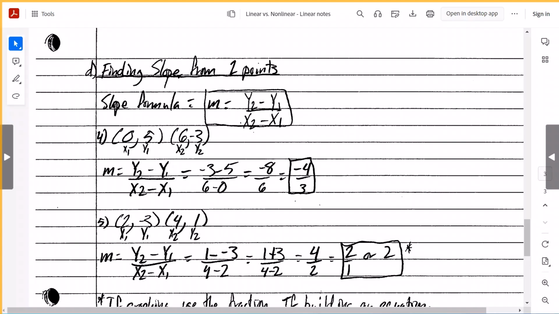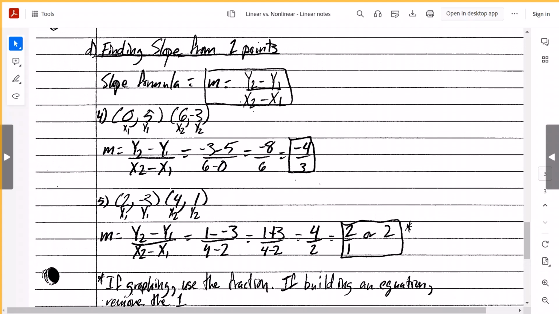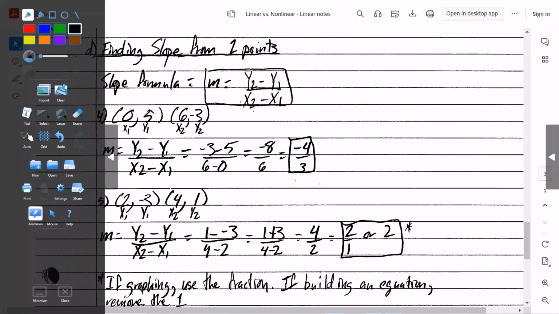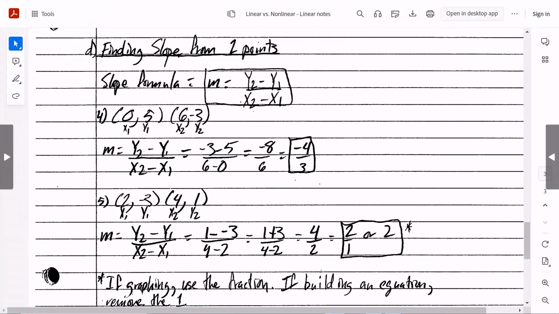All right, so the slope formula we mentioned earlier is m equals y2 minus y1 over x2 minus x1. Or think of it as the change or difference in y, or your vertical change, over your change in x, or your horizontal change.